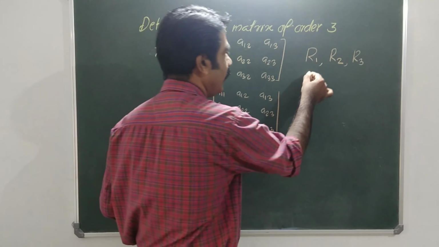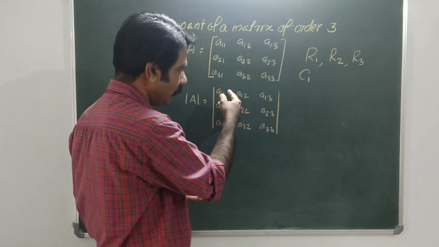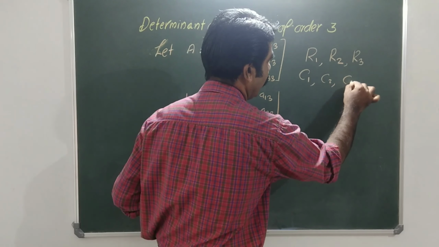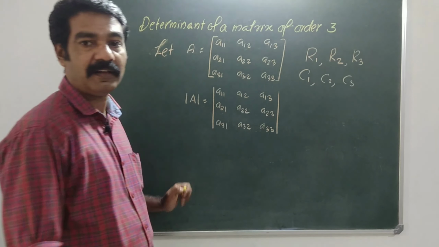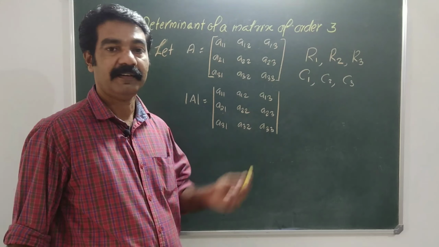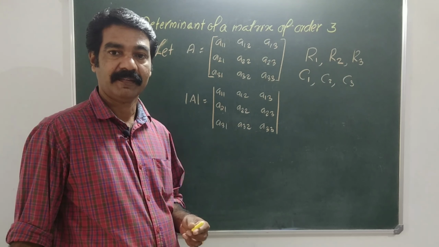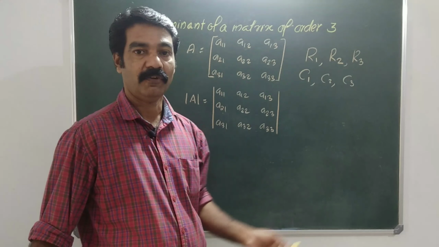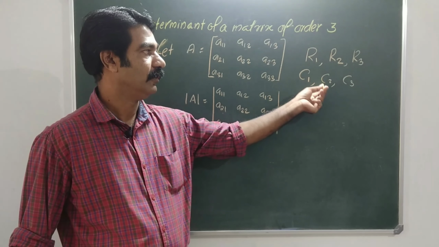Or column-wise, along C1, along C2, or along C3. So there are 6 different ways of expanding a determinant of order 3: along R1, R2, R3, or along C1, C2 and C3.